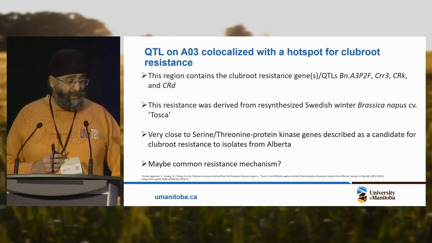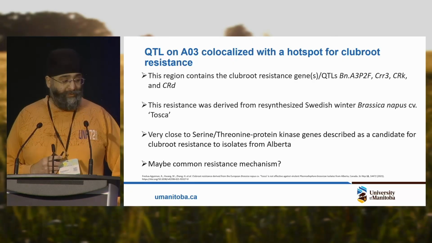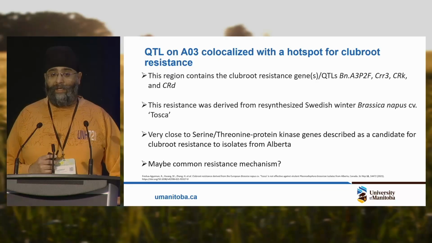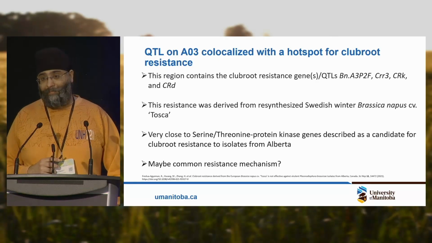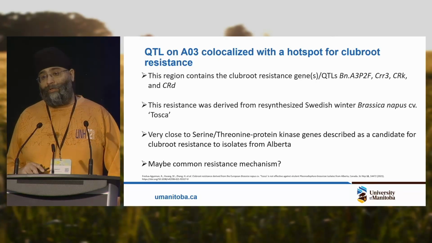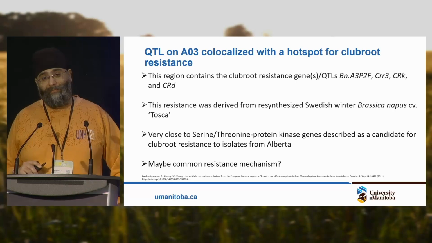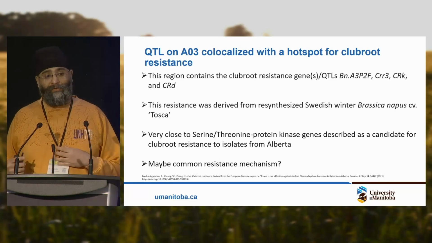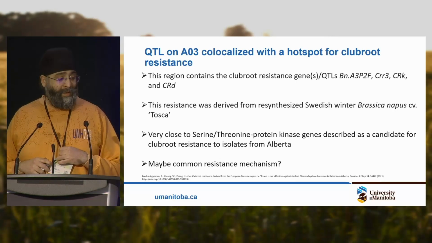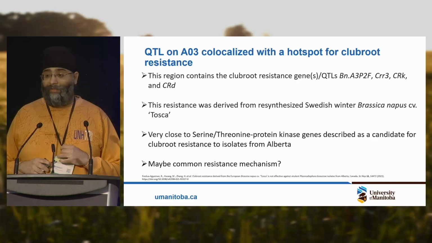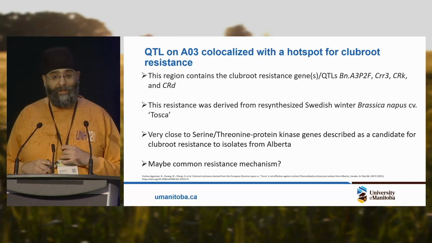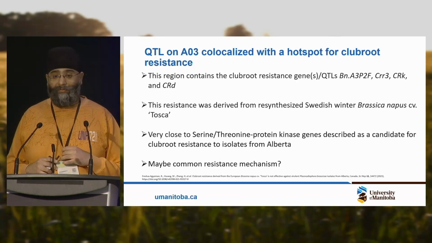There are very obvious genes there, like serine threonine protein kinase, or leucine-rich receptors. This region is also showing a lot of structural variation. Back when I was a student in Germany, we did a study where we saw that the leucine-rich repeat genes in these regions are duplicated or triplicated in different lines from different sources.